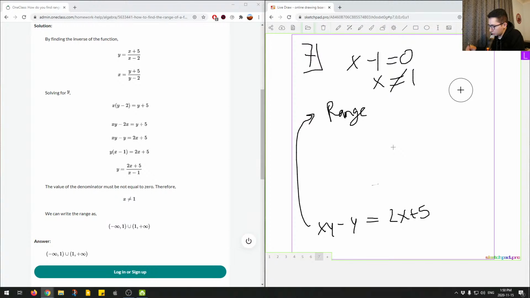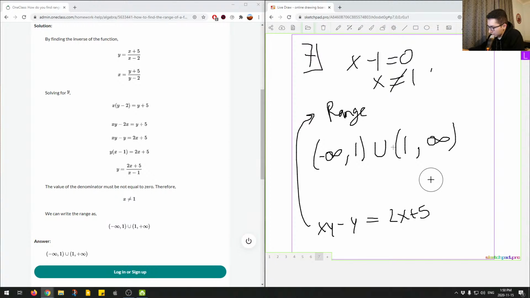So the range is negative infinity up to 1, but not including 1. Usually if you want to include 1, you use a square bracket, but here we're using a round bracket. Then from 1 to positive infinity.